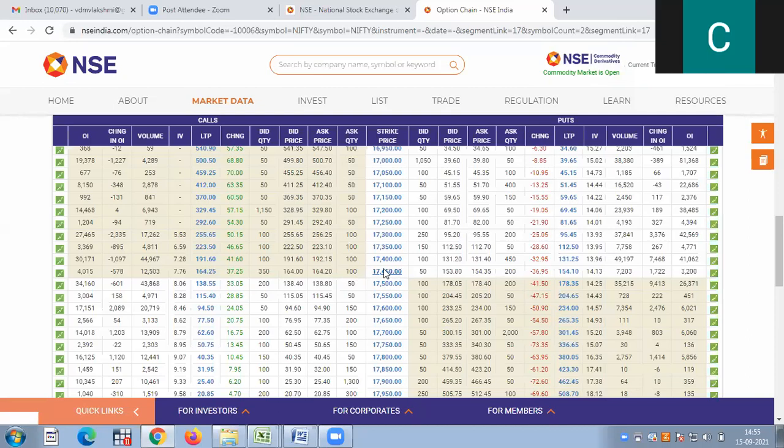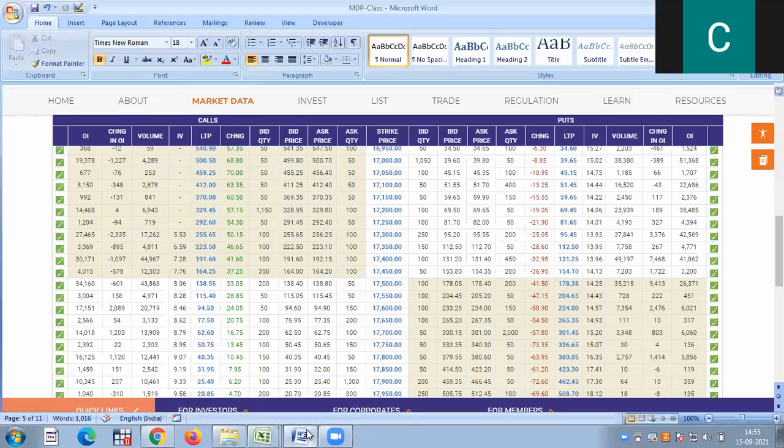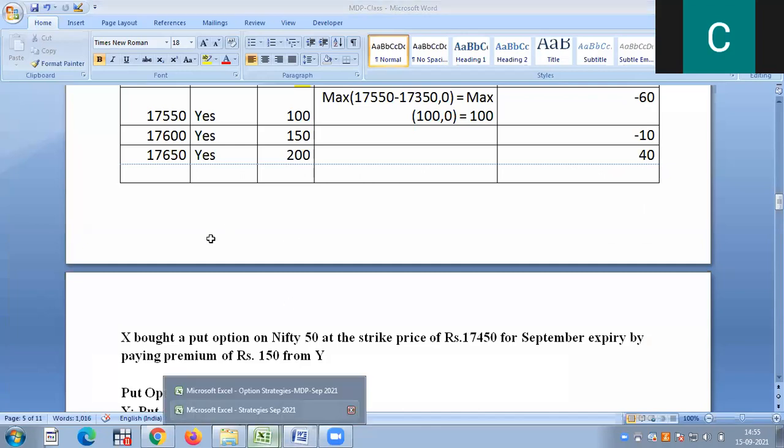So what I decided is, I will buy one call option at 17,450 and one put option at 17,050 strike price. So what is the price of the call option? Approximately at 17,450, around 160 rupees. The put option price is around 150 rupees. So what I'm doing, I'm combining these two. You just look at it.